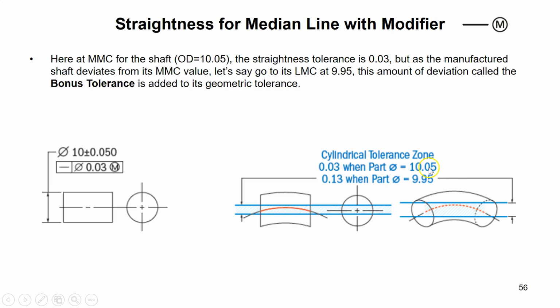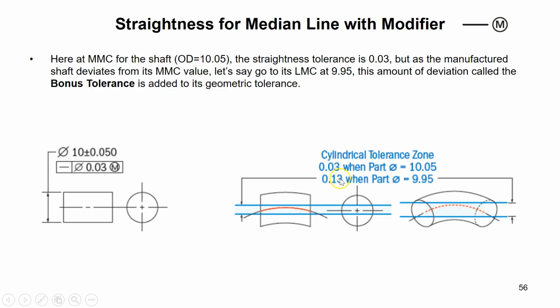As much as the difference between the current size and the MMC. If you go all the way down to LMC, it is 0.1. If you reduce the diameter by 0.1, then that 0.1 is added to the tolerance zone. So now your allowable tolerance zone for the bending of the median line is 0.13, which is 0.03 plus 0.1.